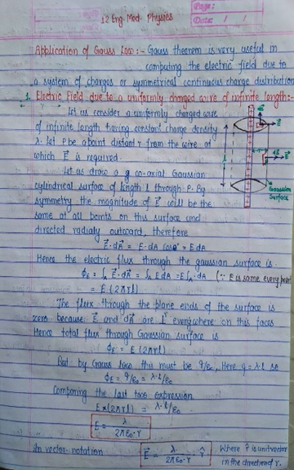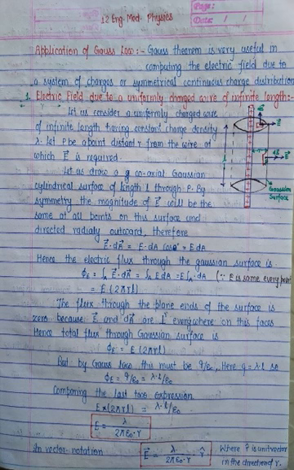Let us draw a coaxial Gaussian cylindrical surface of length small l through P. By the symmetry, the magnitude of E will be the same at all points on the curved surface and directed radially outward.